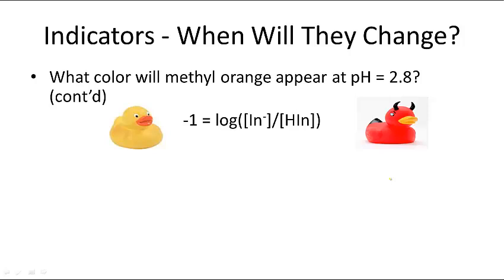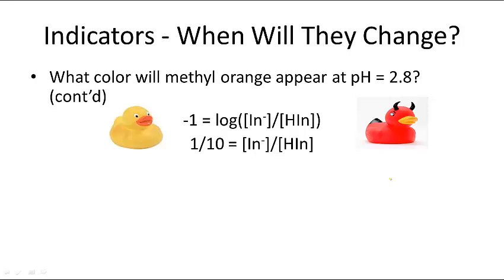So if the pH is 2.8, the pH is lower than the pKa, that is going to be -1. How do I undo the logarithm? I put it into an exponent. So now that ratio itself is going to be 10 to the -1, or 1/10. So which do I have more of in the solution?